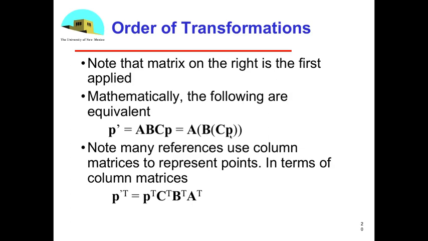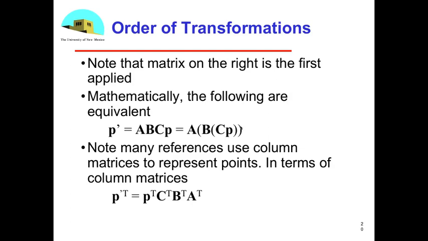I multiply A times that result, I get another point. But notice that even though you say the matrix ABC, because everything is multiplying on the right, C is actually being applied to P first, followed by B, and then A.